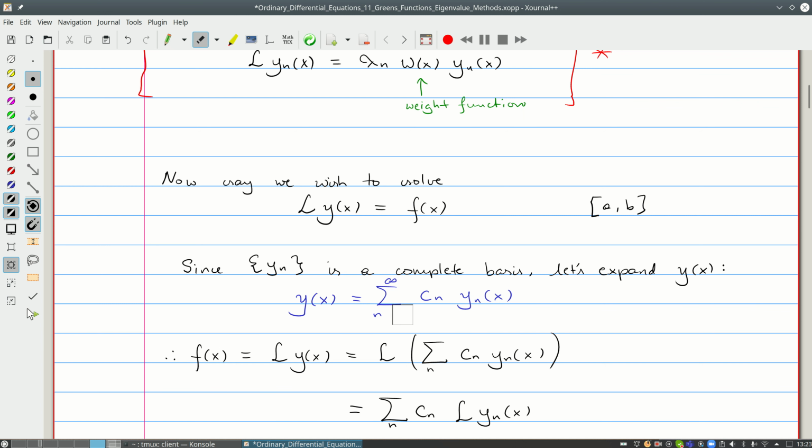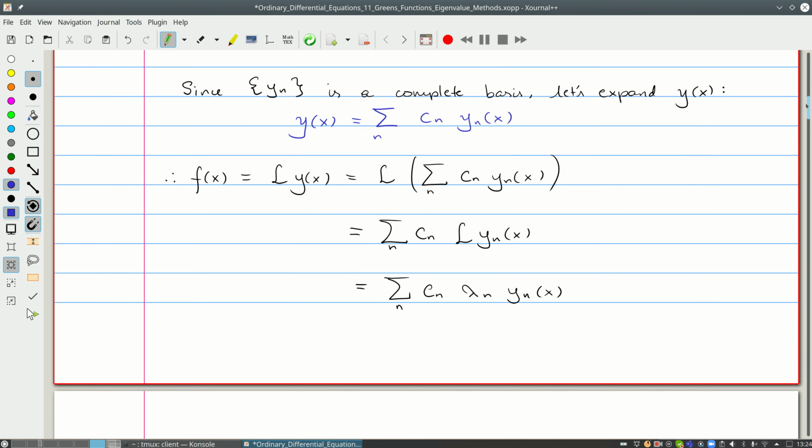You don't need these limits really. It's just an infinite sum over n, with some unknown coefficient Cn, and then we have our basis functions, which are the eigenfunctions of L. Now f of x is defined to be L operating on y, so we substitute: it's L operating on the sum over these eigenfunctions and these unknown coefficients Cn.